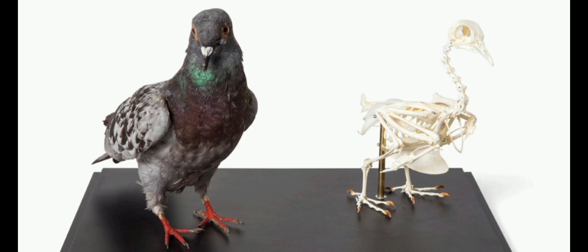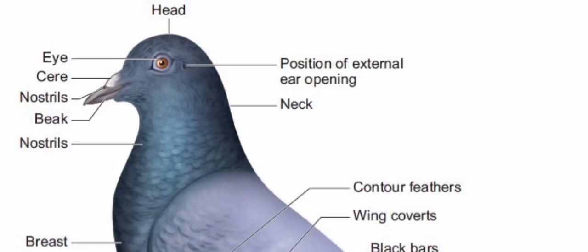So let's look at the head, what we should be considering when we look at the head of this bird. Right, so the head is comparatively small, maybe spherical, and situated at the anterior most part of the body.